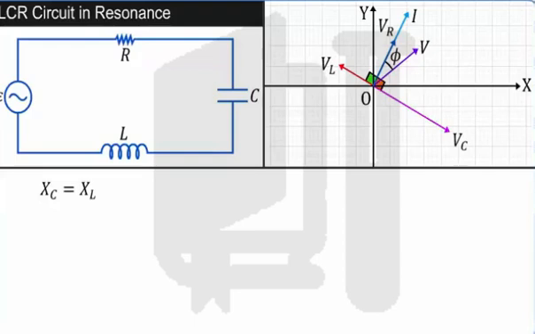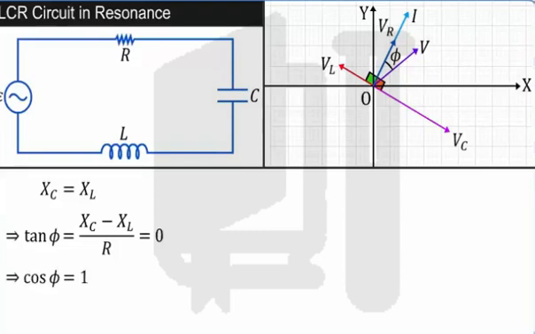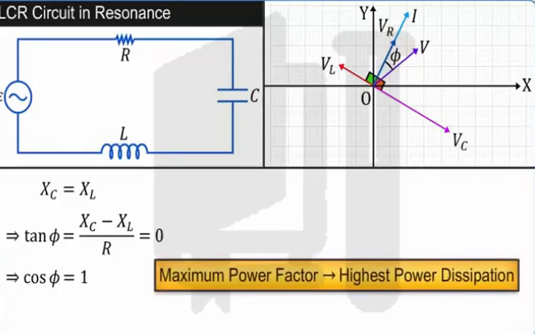This implies that the value of phi is 0 and hence the power factor cos phi is equal to 1. Hence, the power dissipation in an LCR circuit is the maximum as the power factor becomes unity. The average power, in this case, is equal to the product of VRMS and IRMS.